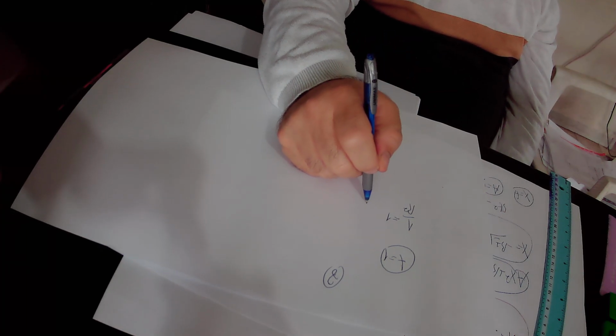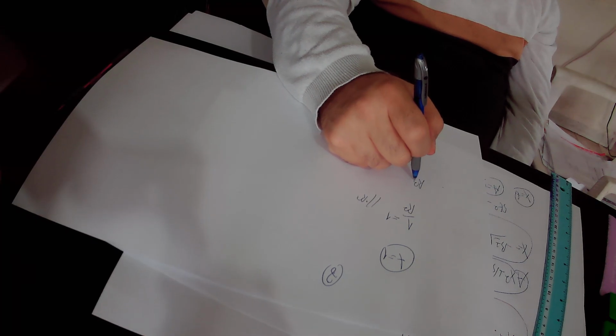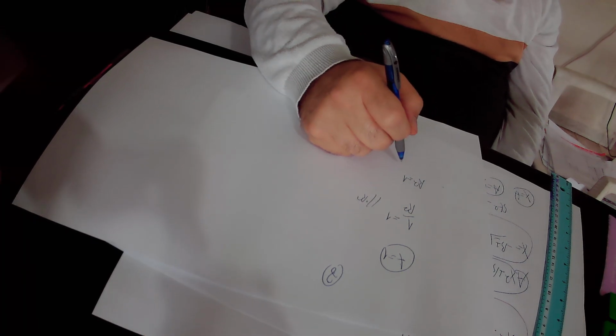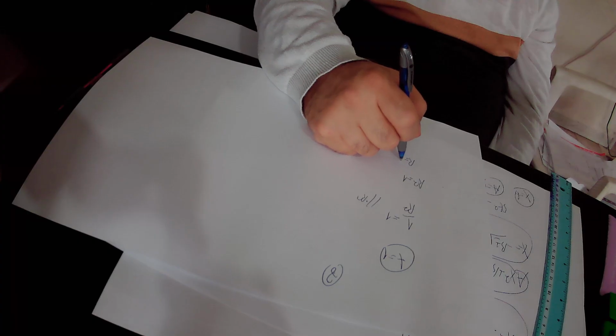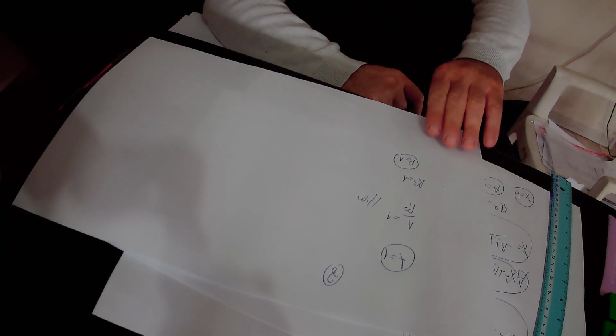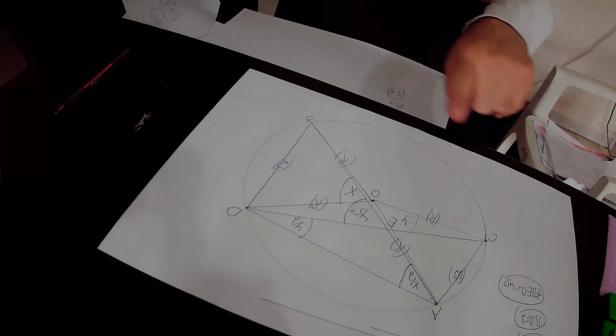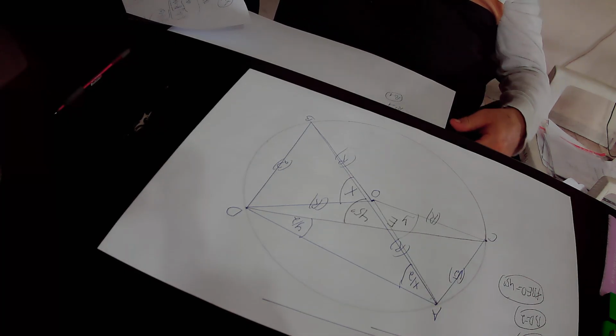Here we multiply this equation by r squared, and we get that r squared equals 1. We take the square root of the equation, and finally we get that r equals 1. So according to the first solution, the value r of this segment is equal to 1 unit.